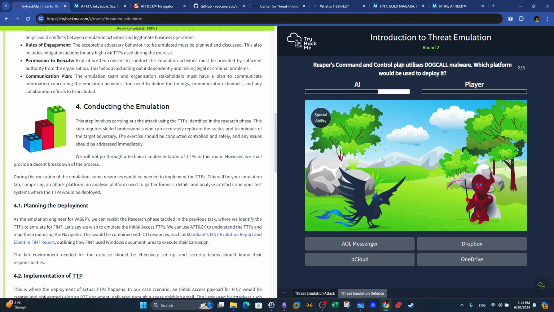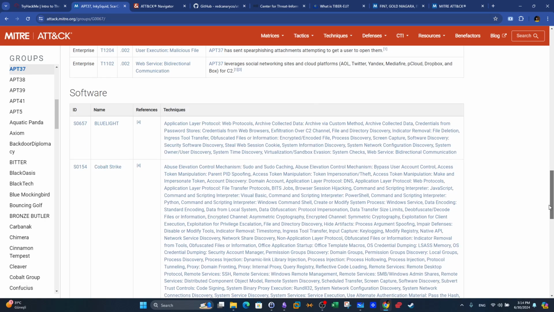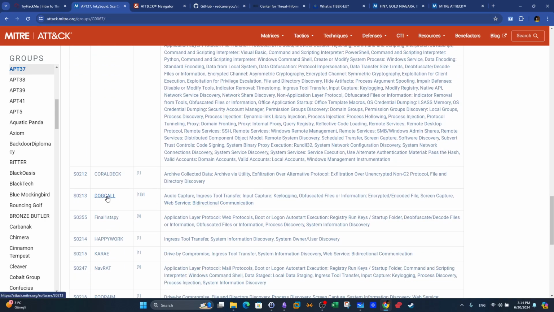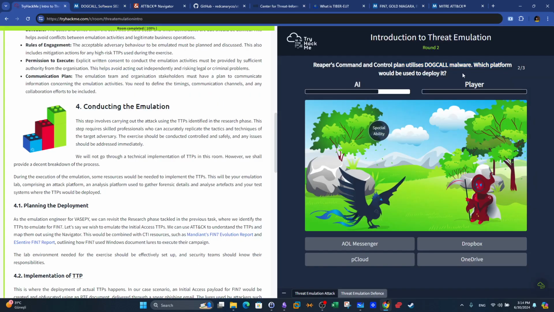Reaper's command and control plan utilizes DOGCALL malware. Which platform would be used to deploy DOGCALL? So DOGCALL probably is one of the tools used by this group. This is DOGCALL. Click on this, and as you can see, which platform is used to deploy DOGCALL in the command and control phase.